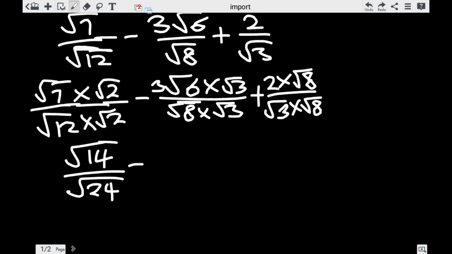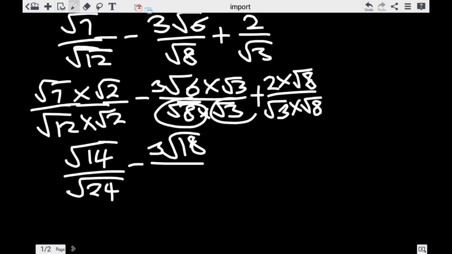So for this 3 now, there is nothing here at the back, so simply multiply this 3 by 1. 3 times 1 is 3, so it will give you 3. But what is 3 times 6 or 6 times 3? So it's 18. So you get 3 root 18 over root 8 and root 3. 8 times 3 is 24. So you should get root 24 here.